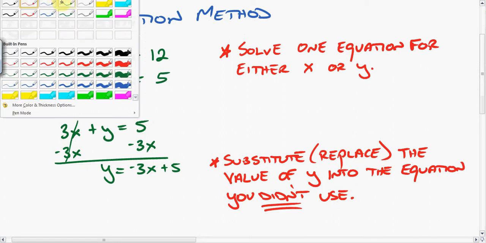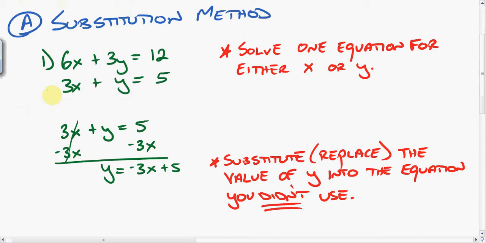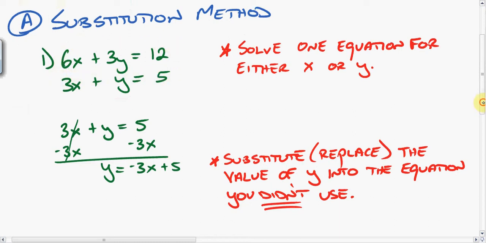So what equation didn't I use? I used the second equation, 3x plus y equals 5. So my unused equation is 6x plus 3y equals 12.